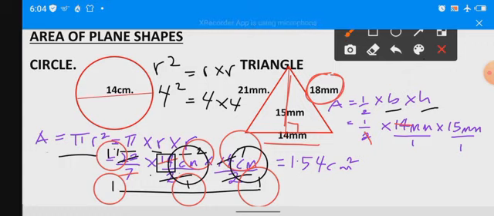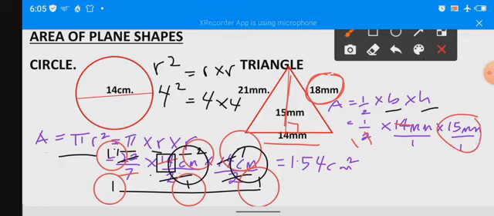After writing the formula, what follows is to substitute. This is our half, our base is 14 millimeters, and our height is 15 millimeters.